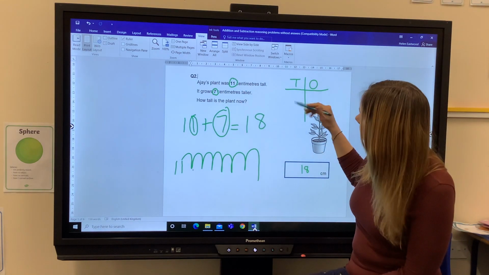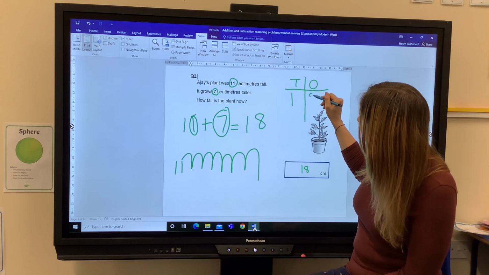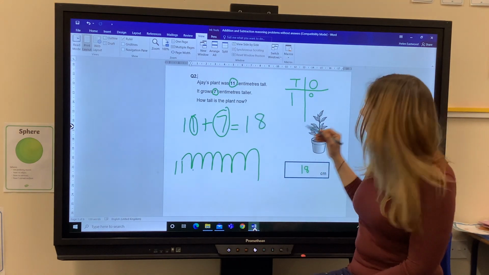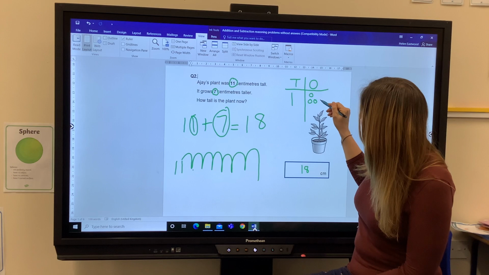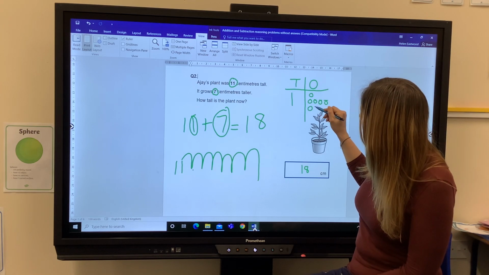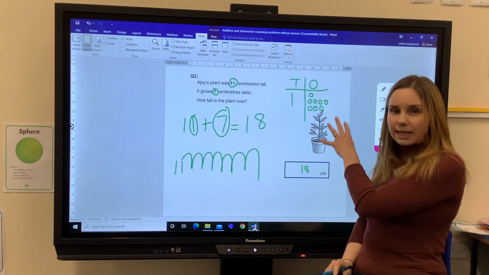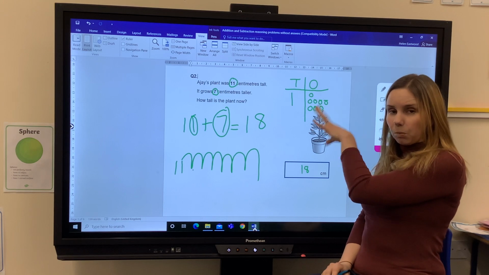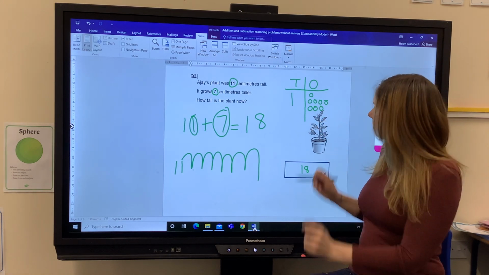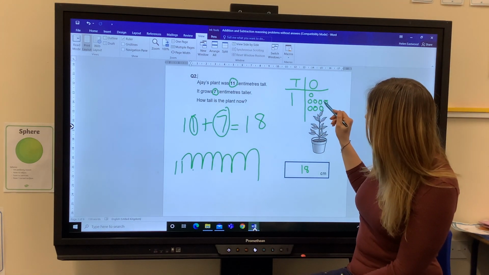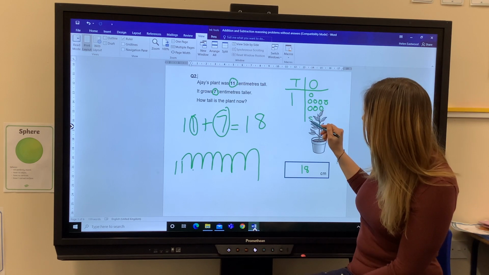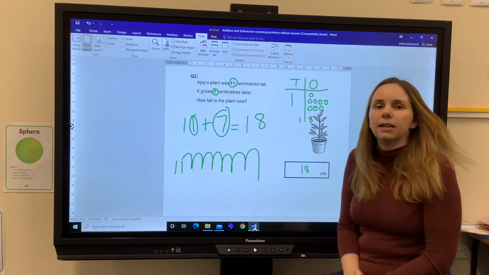So we could have had 11, 1 ten, 1 one. 7 1s, 1, 2, 3, 4, 5, 6, 7. Always count up our 1s first in case we end up with more than 9 and we have to add some 10s. So I've got 3, 4, 5, 6, 7, 8, 1 ten, 18.